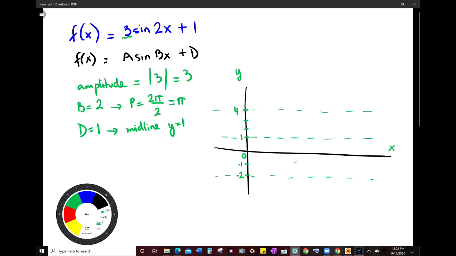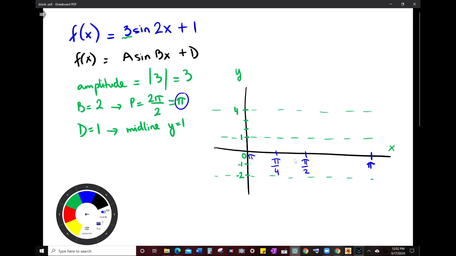Okay, and then for period, my period is pi. So then I start with pi at the end. That's one period on my graph. And at this time, because we don't have phase shift yet, it will be 0 pi. So right here is 0 pi. Okay, then we figure out half of 0 pi and pi will be pi over 2. And half of 0 pi and pi over 2, we take pi over 2 divided by 2, you get pi over 4. And basically you will count by pi over 4.